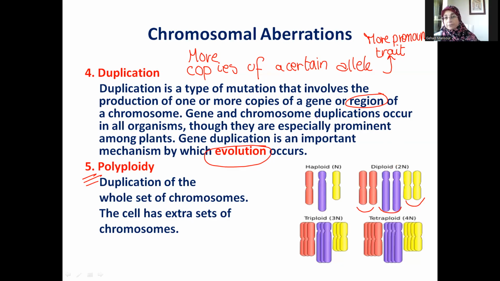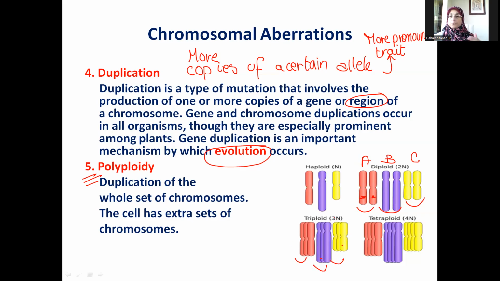If we call the first pair A, the second pair B, and the third pair C, then instead of having 2 homologous chromosomes as usual in the first pair, we would have 3 chromosomes, and in the second and third pair as well.